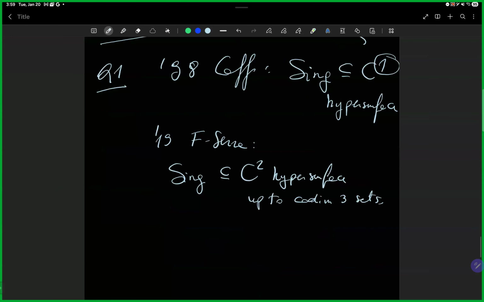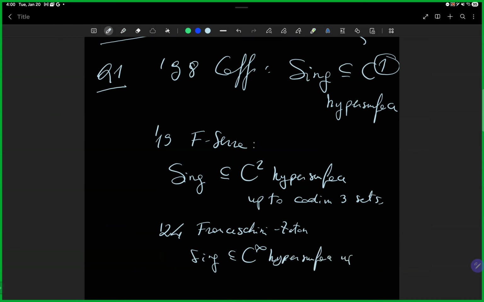Then the analysis went on, and I would say it was concluded by Franceschini and Zaton, two former students here at ETH in Zurich, who proved that the singular set is contained in a C^infinity hypersurface up to codimension 2 sets.